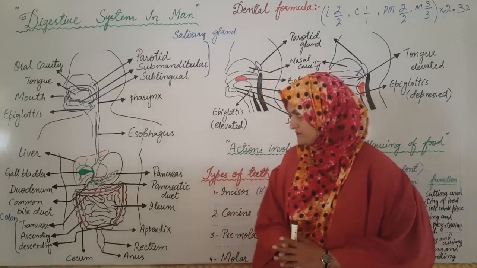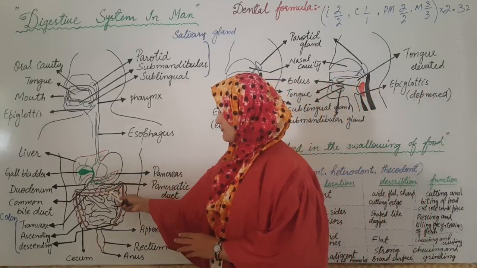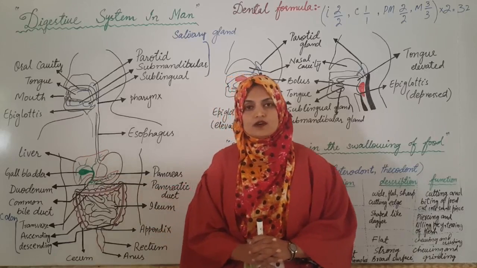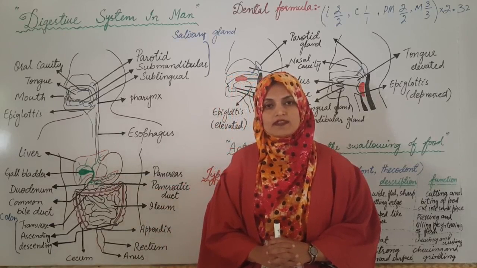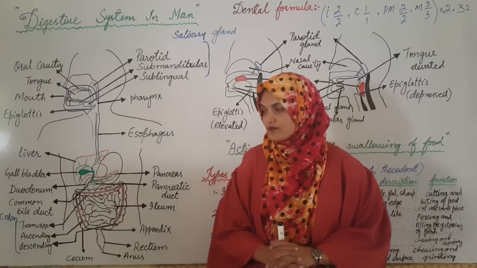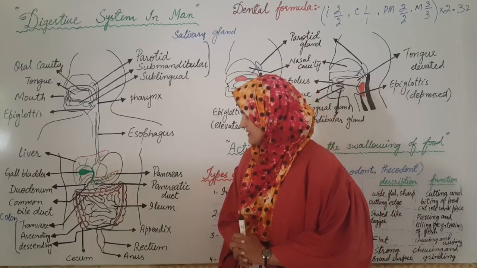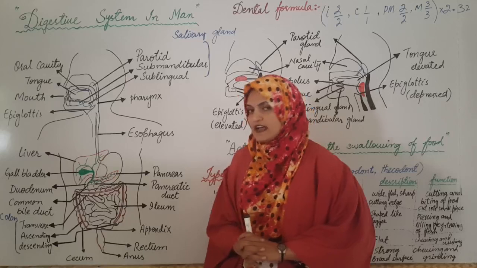Along with the various organs present in this tube, various accessory organs are also present, including the liver and pancreas, which help in the process of digestion.